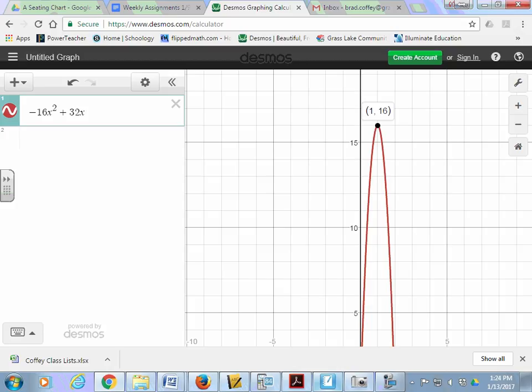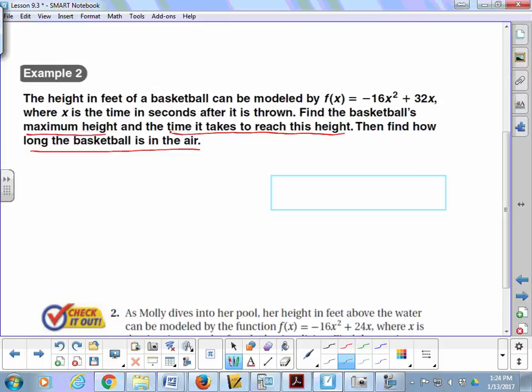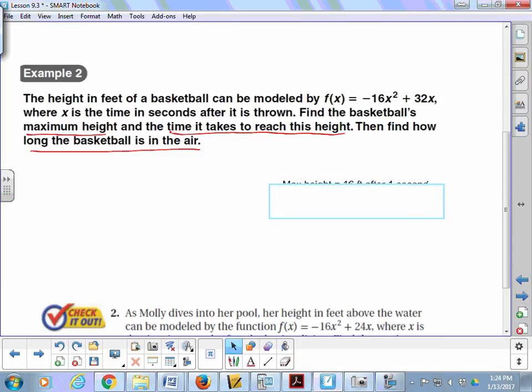So my first response is going to be that the ball has a maximum height of 16 feet after 1 second. And you are going to write a sentence anytime it's a word problem. So the height of the ball will be 16 feet when it's 1 second into the air.